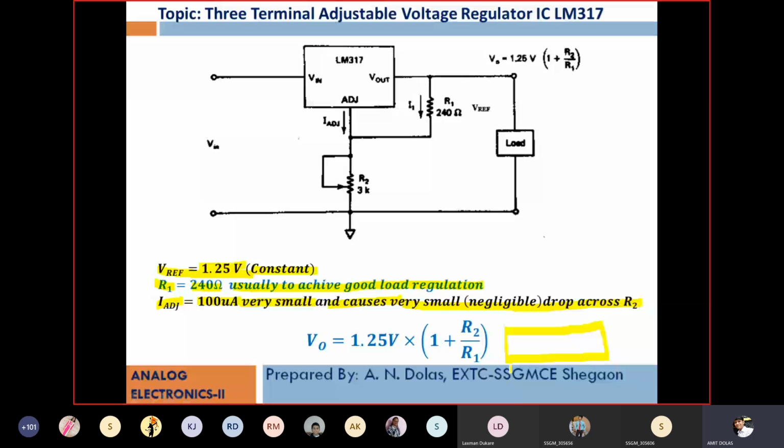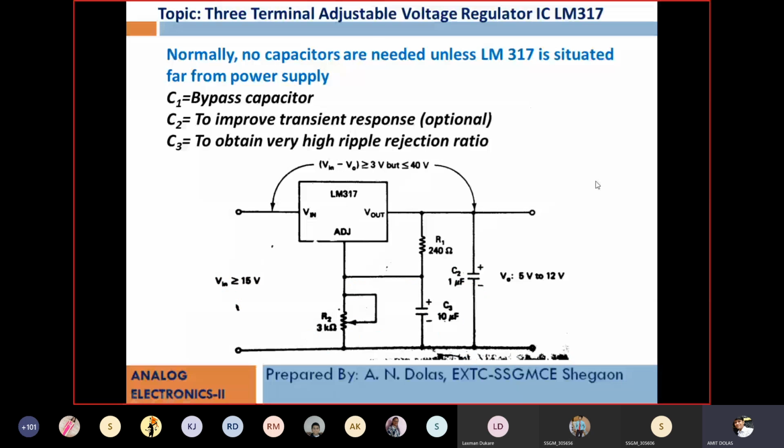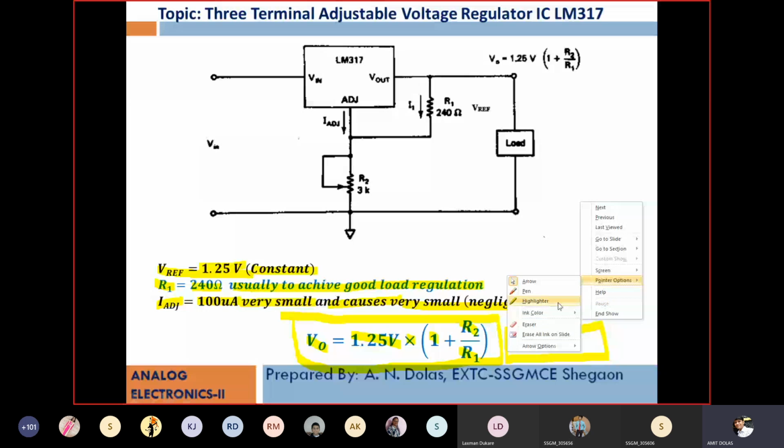Moving to the next part, you can see in the previous PPT there are no capacitors used here, as we are saying power supply. There are only resistances used, that is R1 and R2. There is no capacitor used.